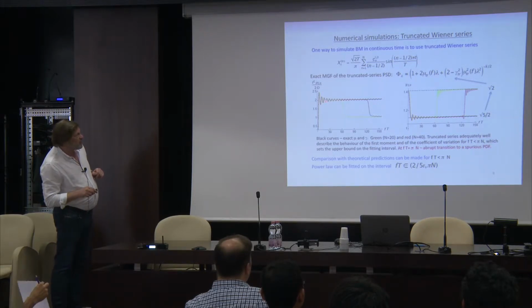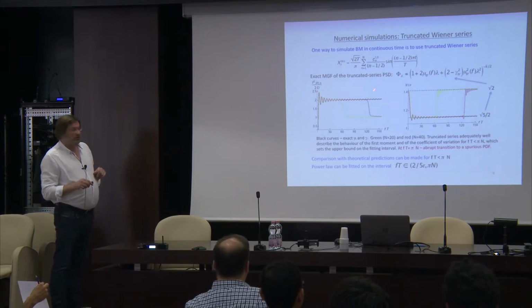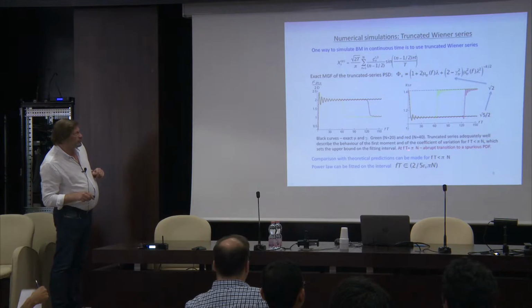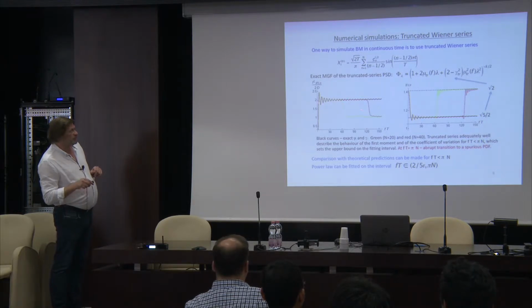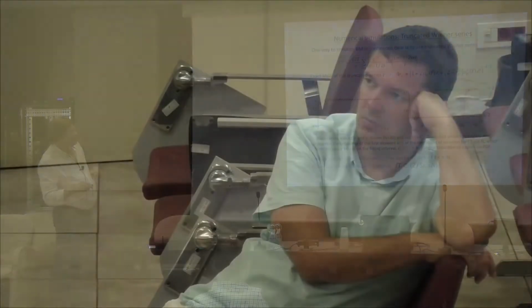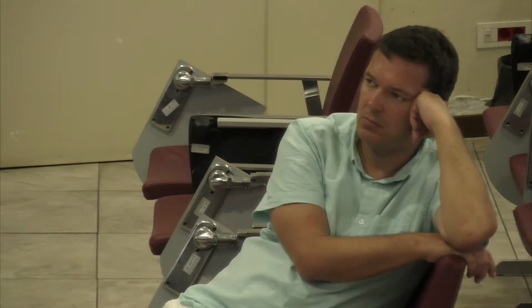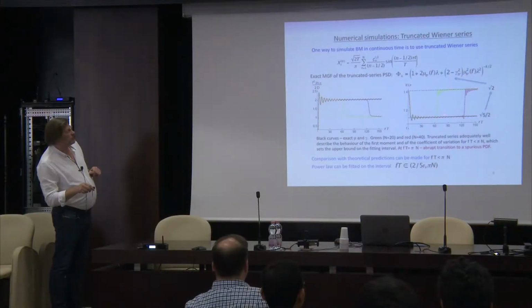And you see that you exactly reproduce the curves up to a point which is pi n. At this point the first moment jumps downwards from 2 to 1, and the coefficient of variation jumps from square root of 5 over 2 to square root of 2. And you see that it is a catastrophe in the distribution. It jumps to a different distribution instantaneously because this coefficient becomes 0.